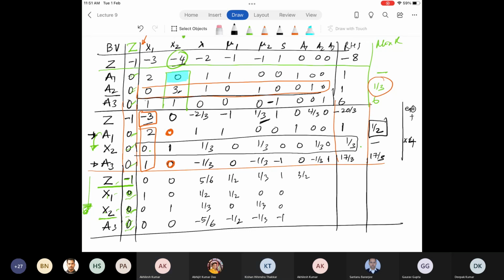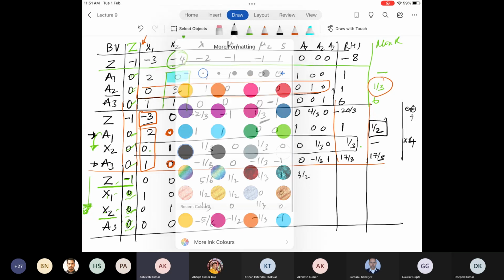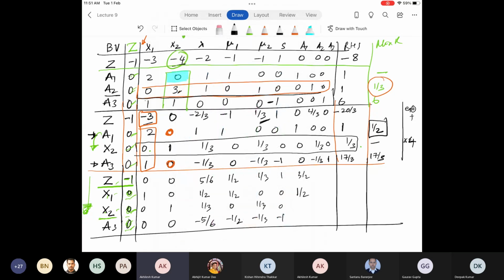My pencil is not working. 1 by 2, then 0, minus 1 by 2. Next. 4 by 3, 0, 1 by 3, 0. 4 by 3, sir. 4 by 3, 0, 1 by 3, minus 1 by 3. Last one. 0, 0, 0, 1.